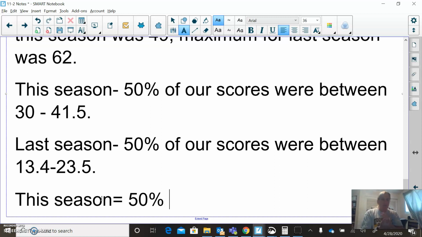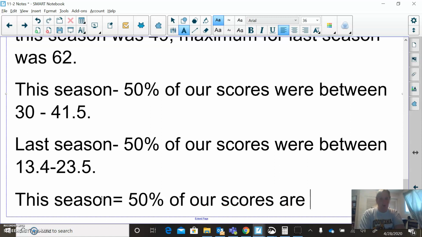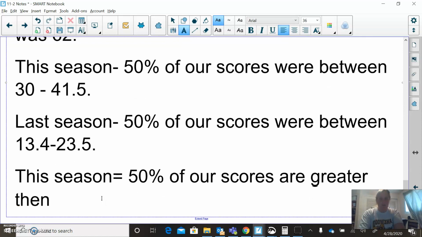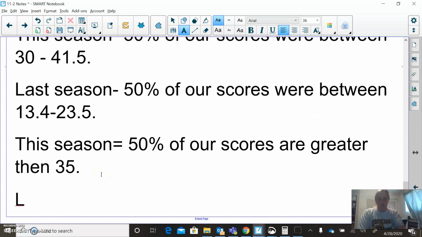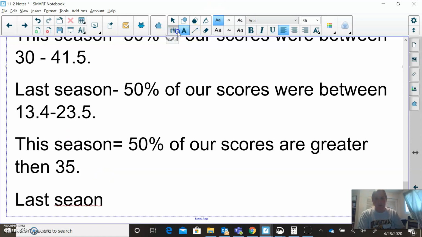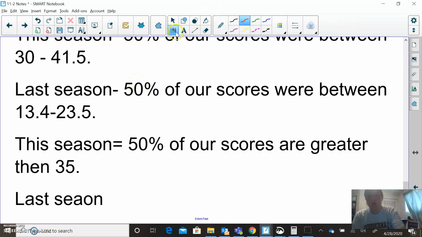So 50% of our scores are greater than 35. 35 is our median.